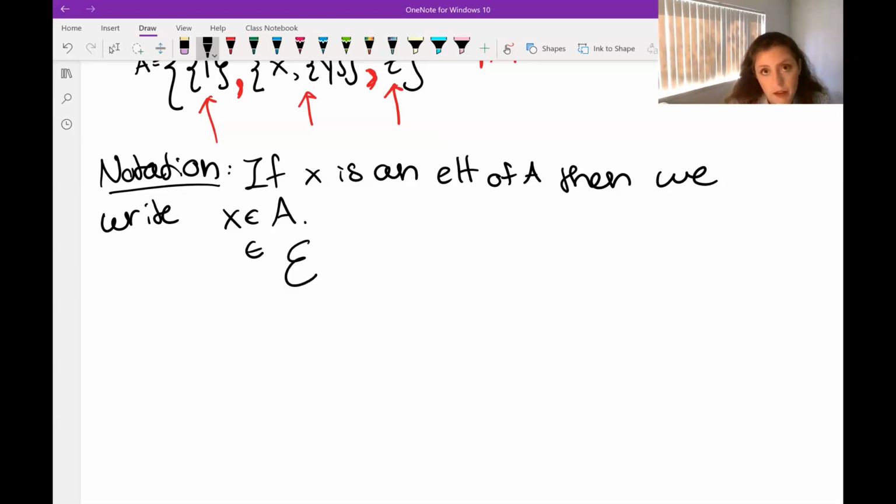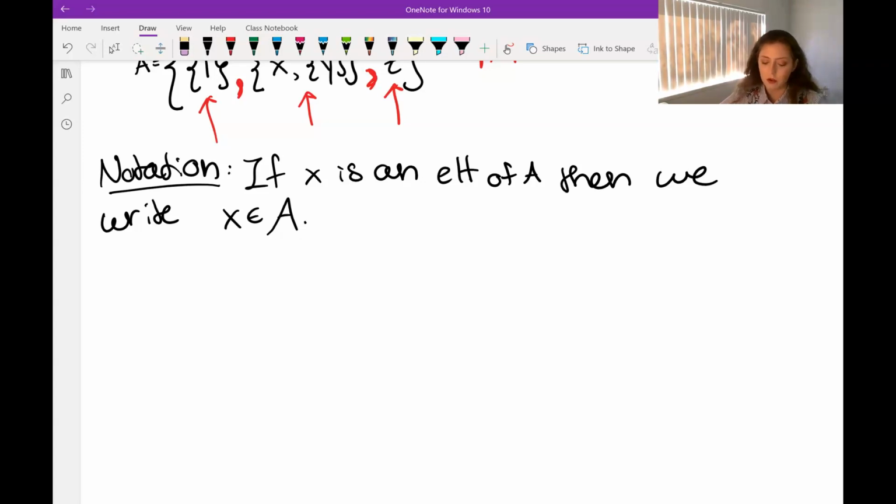Please do not write that, even if you write it smaller than I just did. Please no. That is going to be its own symbol later that we will use a lot, and it will be very confusing if you use that as your element-of sign. So this literally reads X is an element of A.